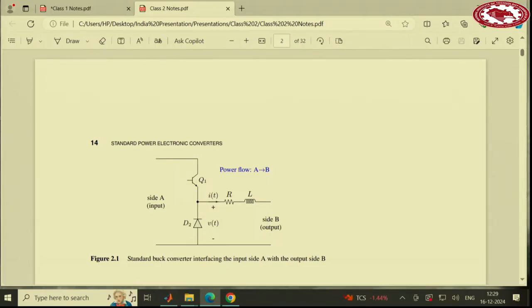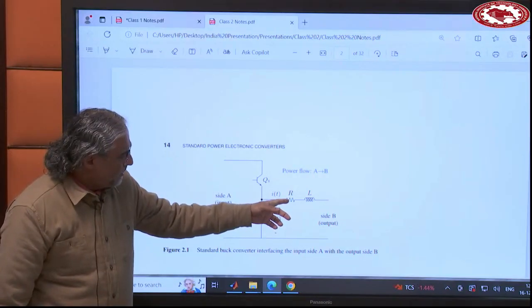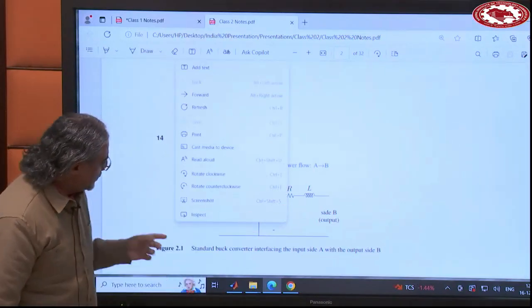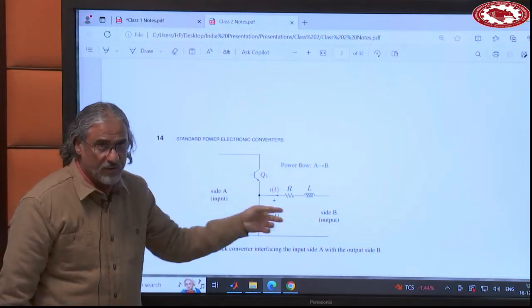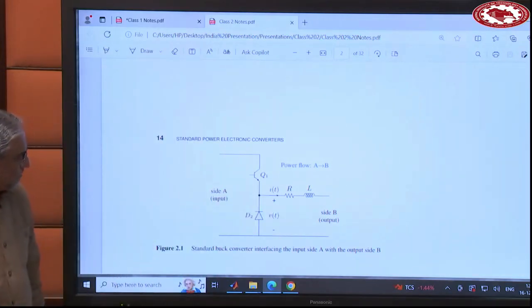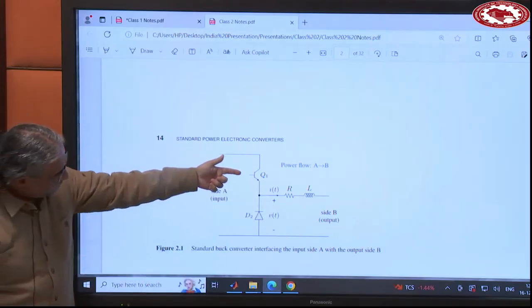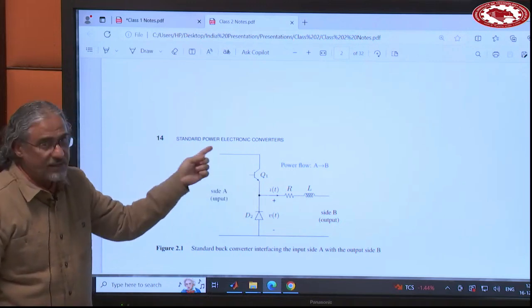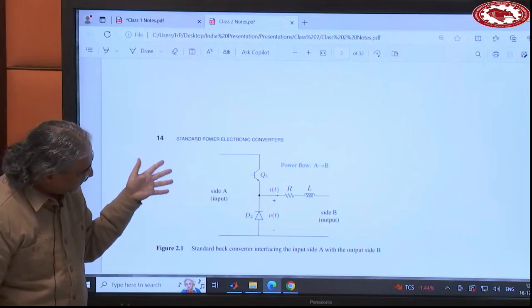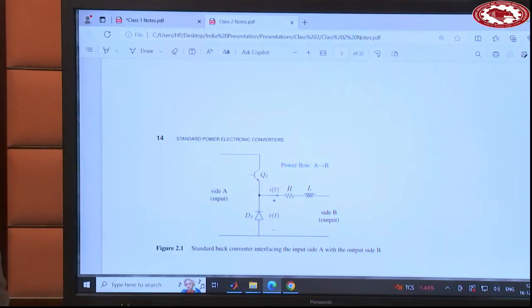That resistor is not a physical resistor, it's basically a model of the resistances you have in the circuit, in the inductor, in the conducting mode of the switch, or in the cables. If you look at this transistor or switch here, the power can flow in this direction. It cannot go back. So the power flow is from side A to side B, right?